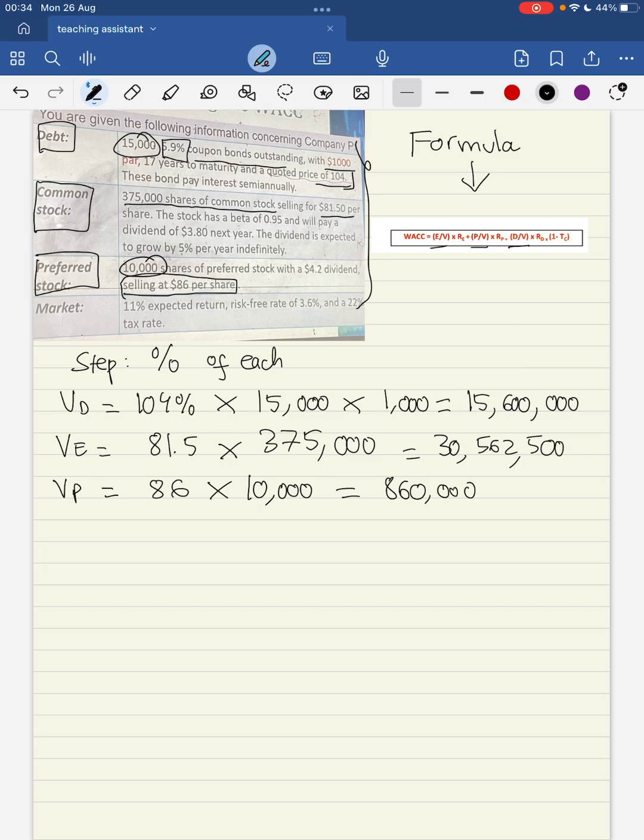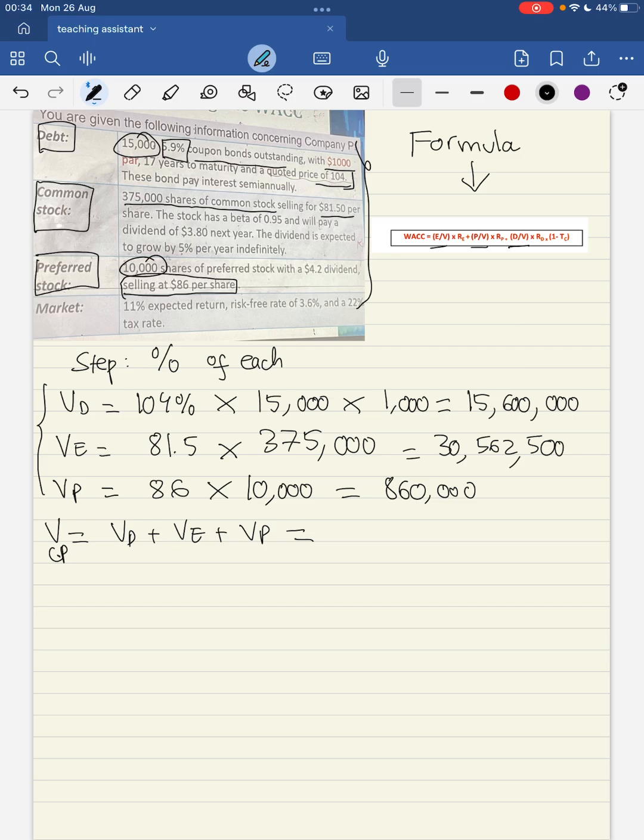So now we have already computed the value of debt, the value of equity, and the value of preferred stock. We can find the total value of the company by adding up all the components together. So the value of the company P, I will write C.P, which means company P, equals VD plus VE plus VP.